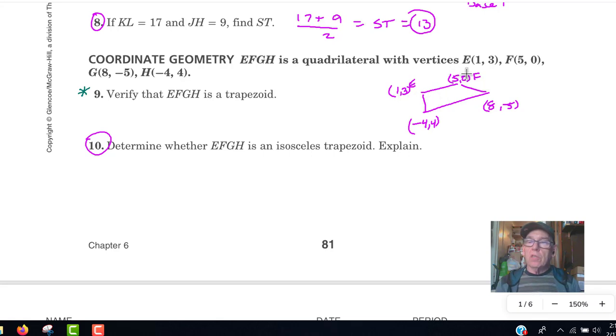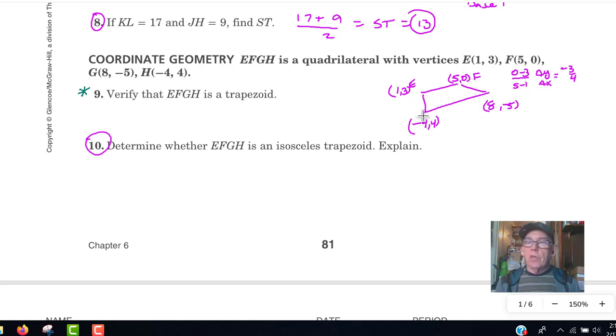So just to start, we would figure out what the slope is from E to F. That's 0 take away 3, change in Y, over 5 take away 1, which is the change in X, and we get negative 3 over 4. So the slope of this segment is negative 3 over 4.